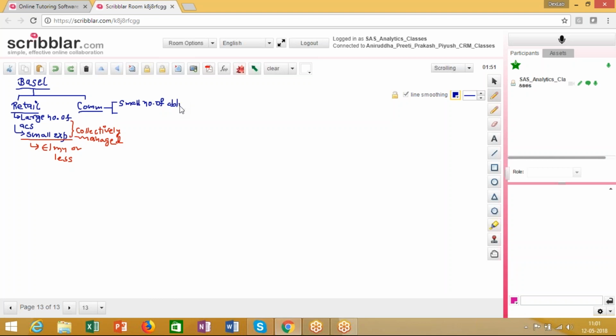Say, for example, in a retail portfolio, there might be around millions of accounts, whereas in this part there might be around 3,000, 4,000 accounts in the books of the bank, or say 60,000 accounts. When I say small number of obligors, what I mean is the number of obligors is relatively small compared to what we have in the retail segment.